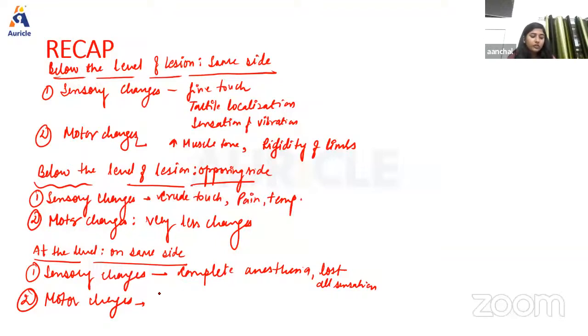The effect of lower motor neuron lesion occurs. The motor neurons and their fibers leaving the spinal cord are affected. So the motor changes of lower motor neuron lesion are muscles lose their tone and become flaccid, and also reflexes are lost.